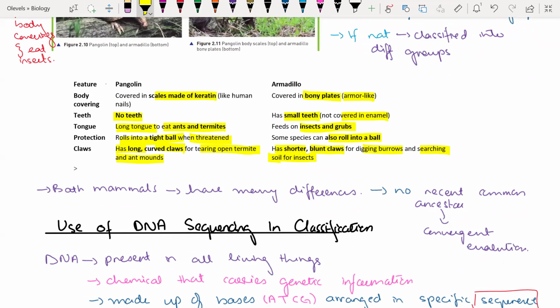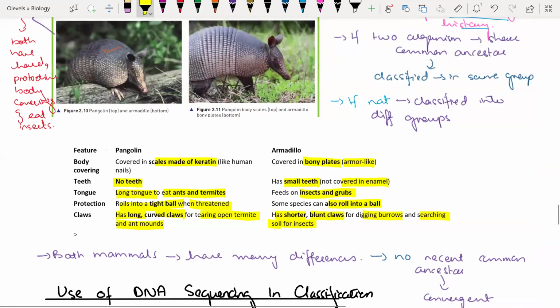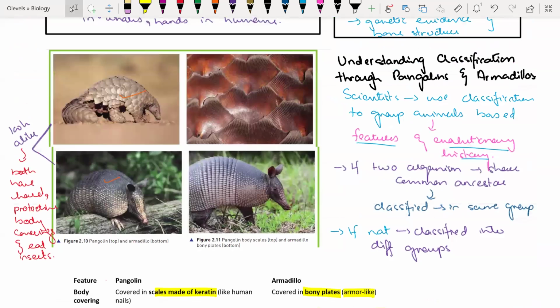No, ma'am. From all three of you, if any one of you has any question, please do ask me right away. Ma'am, they are in the same class, right? The pangolin and armadillos are in the same class, right? I couldn't hear you properly.